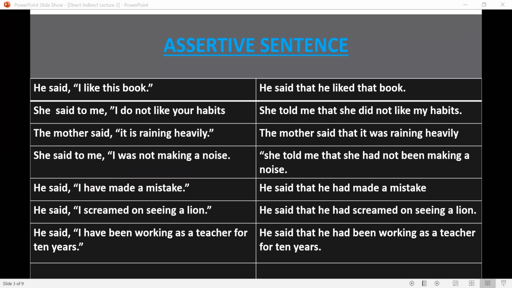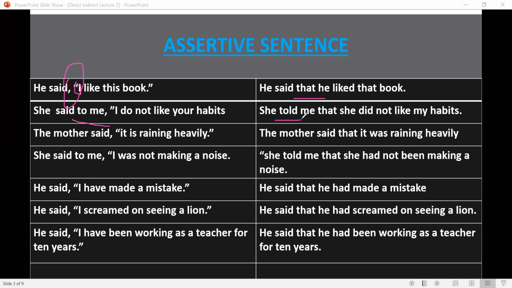These are the changes. The first change is of pronouns: first person into subject, second person into object. To remove these commas, we use the conjunction that. And if an object has been used, you will convert said into told.